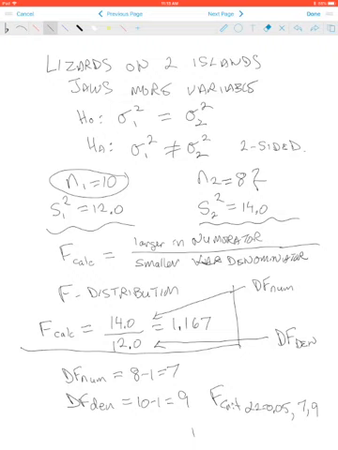I'll show you the F tables after I complete this lecture, and how to look stuff up in these F tables. So we're looking up the critical value in tables with alpha over 2 equal 0.05 with 7 degrees of freedom for the numerator, 9 for the denominator. And if you look that up, you find out that the critical value is 4.20.